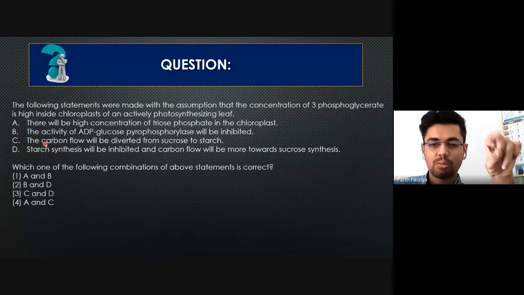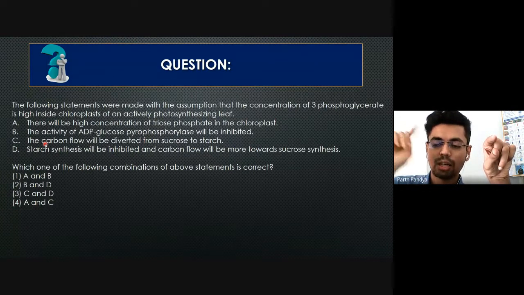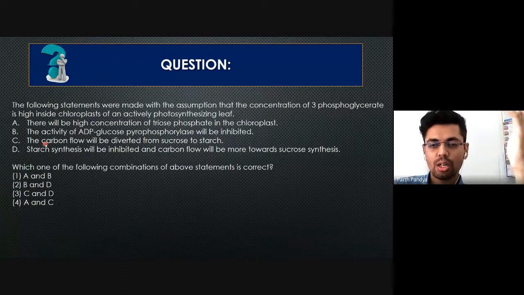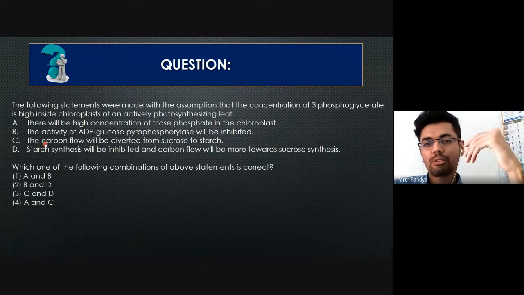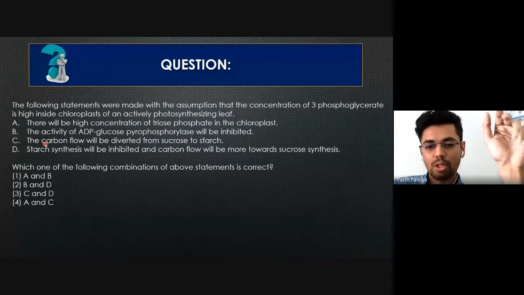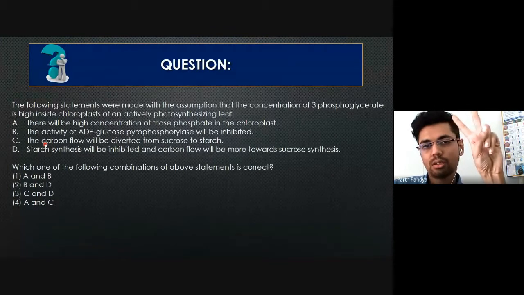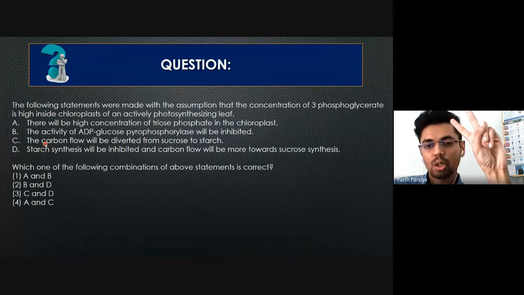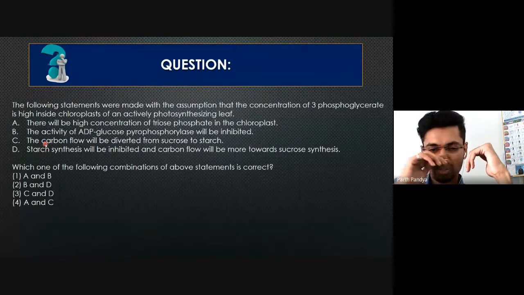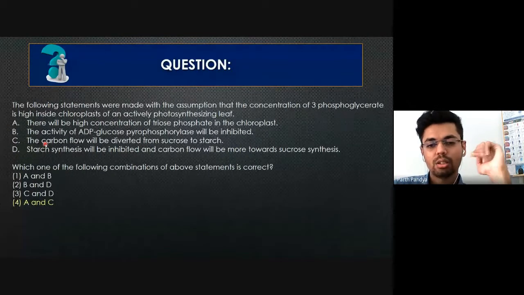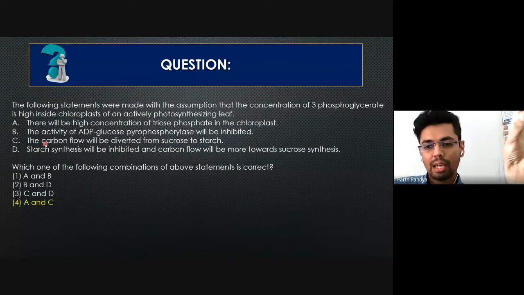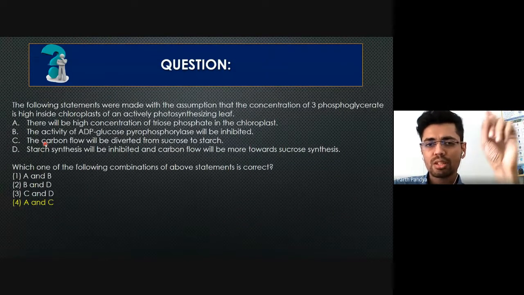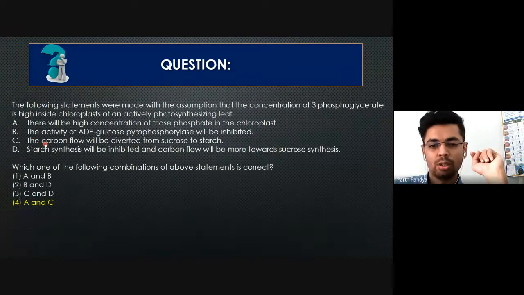Naturally, when one mechanism decreases, the other increases, that is, sucrose synthesis, and that sucrose will be transported from one part to the other. So in this question, two things are being told, and we have to link them. The answer is that triose phosphate is high, and with respect to that, starch and sucrose play an important role.